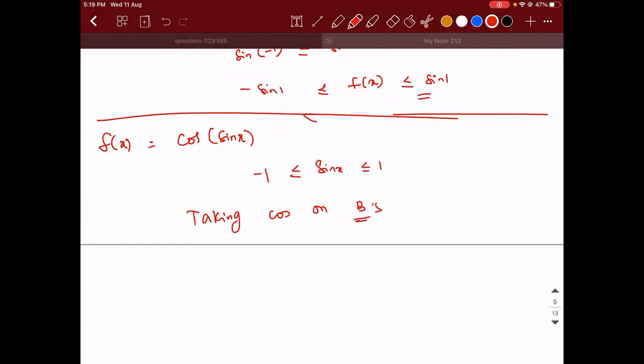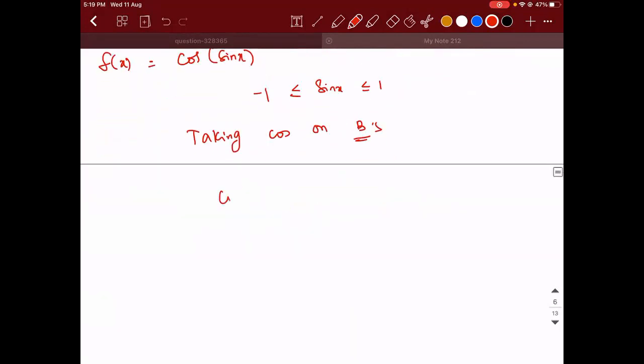Cos of -1 will be cos 1. Cos of -1, here it is cos of 1, and in between you will have cos of sine x. Whenever you are taking cos, the inequality will change. And the reason is very simple. The reason why the inequality will change is cos is a decreasing function.